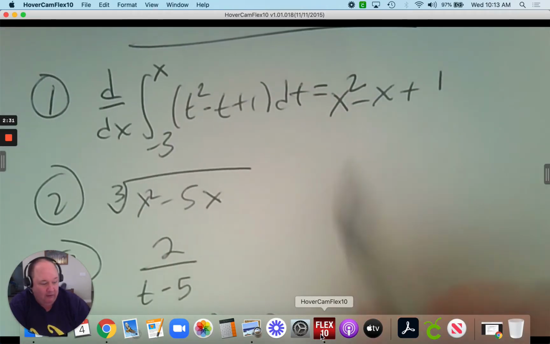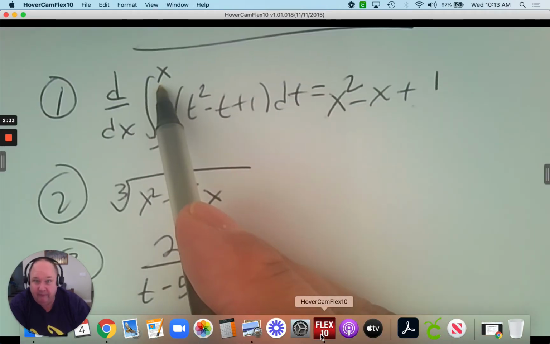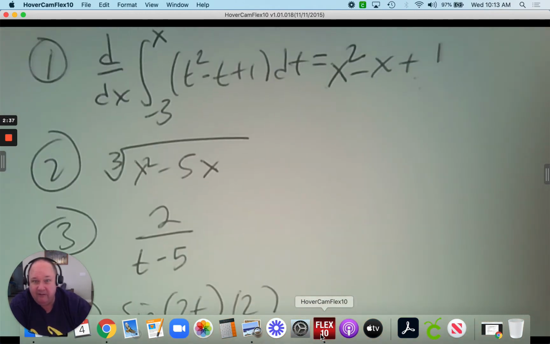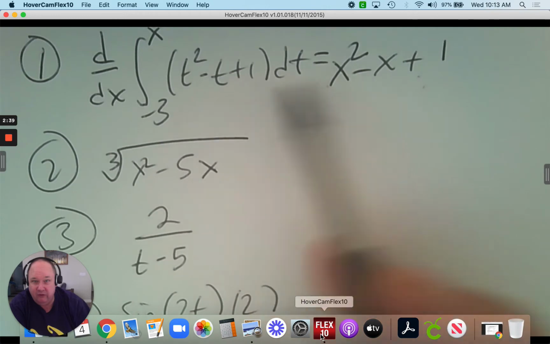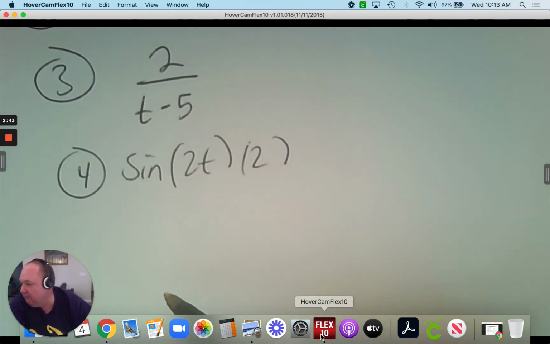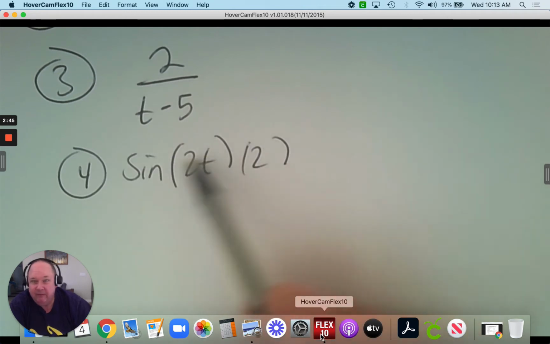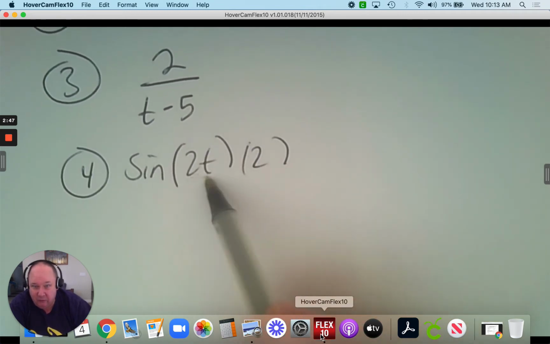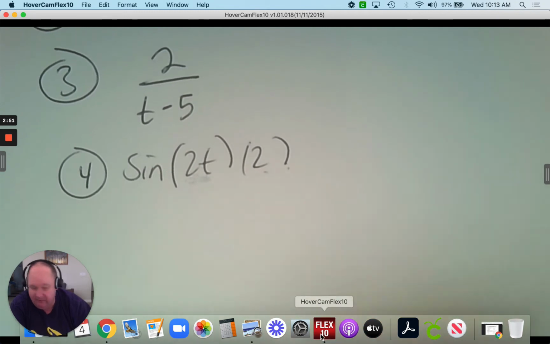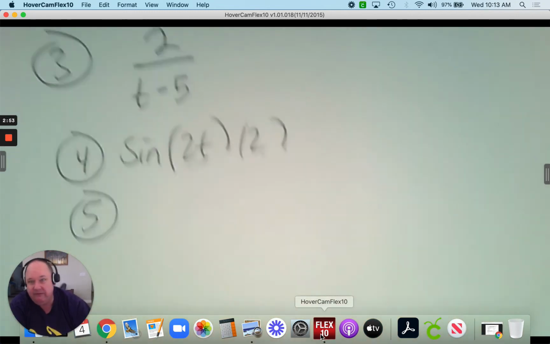So number 1, the derivative of x has no hook, has no hook, has no hook. So the first 3 questions, you just plug in. But for number 4, when you plug in 2t, the derivative of 2t is 2, so it creates that extra hook. That's it. Number 5.